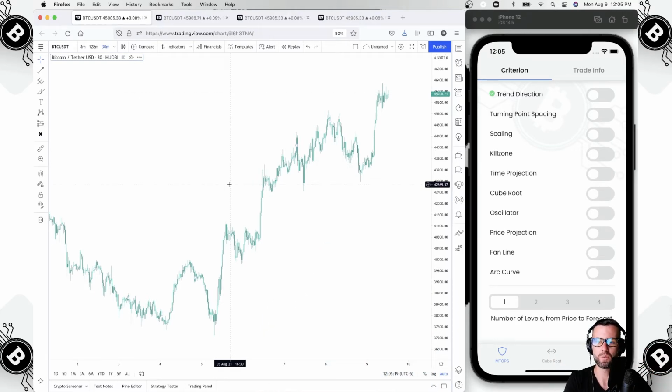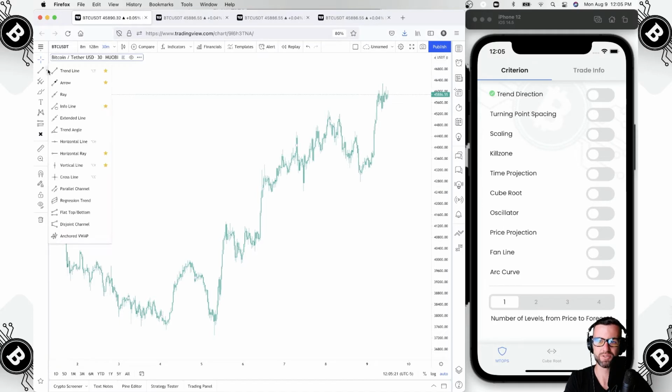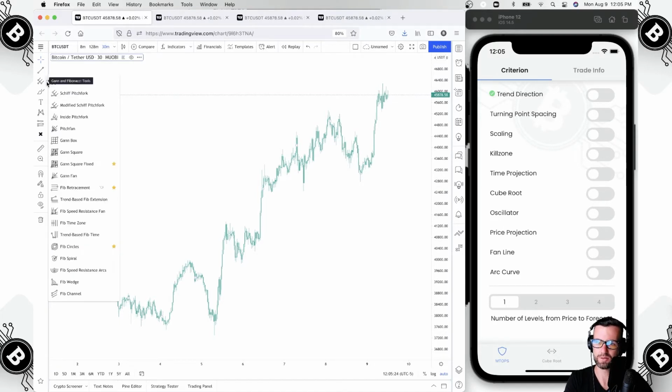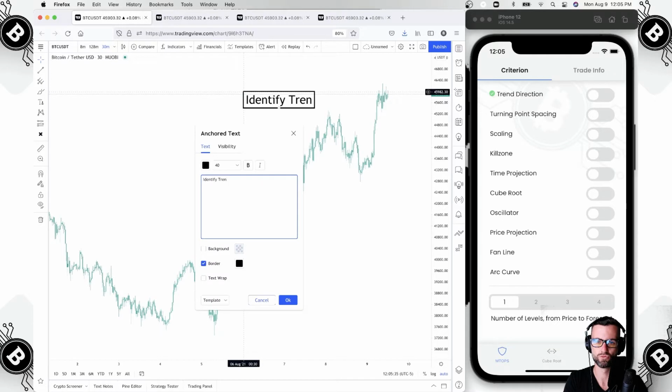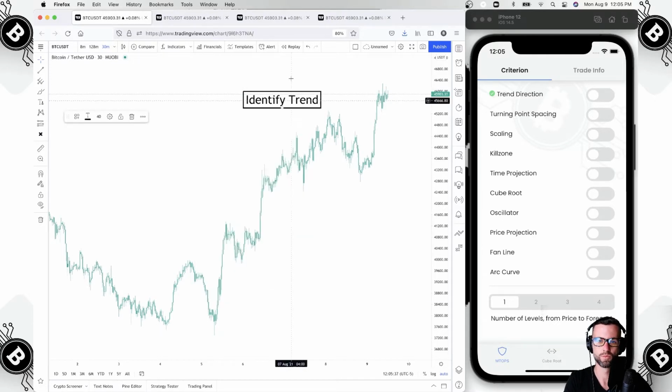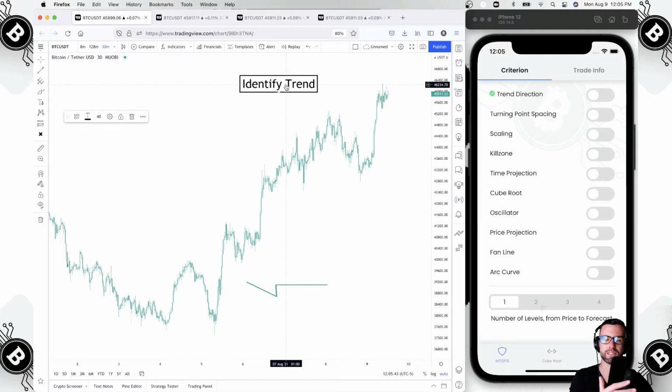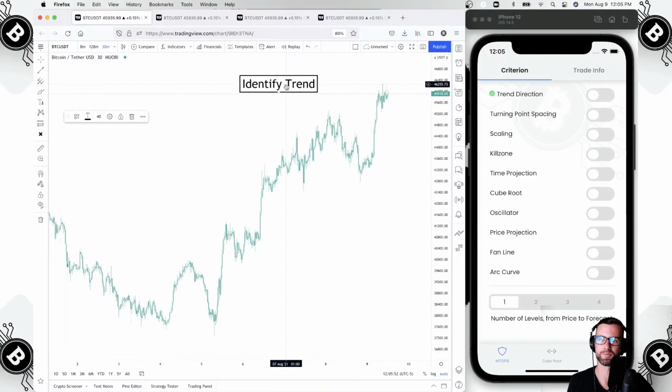Okay, so what we want to do is identify trend. Okay, so I'm just going to write that down real quick. In identifying trend, you are able to enter almost anywhere and exit almost anywhere and still be profitable. So what do I mean by this? When trend happens, there is a sequence that follows itself.